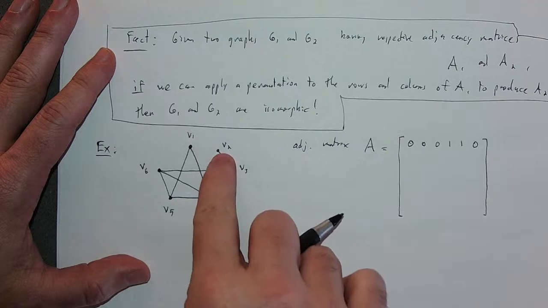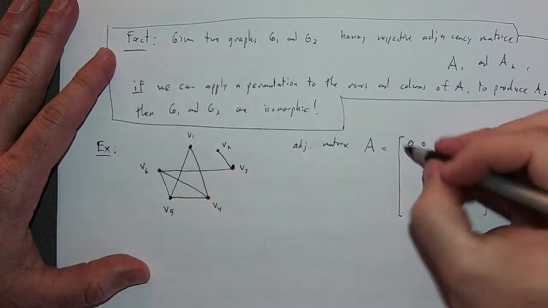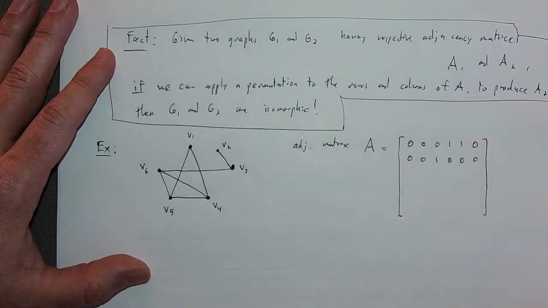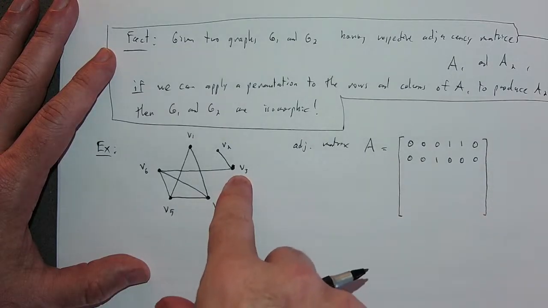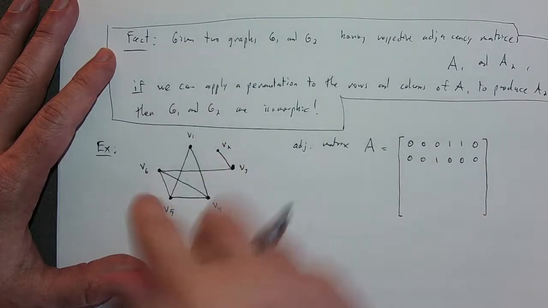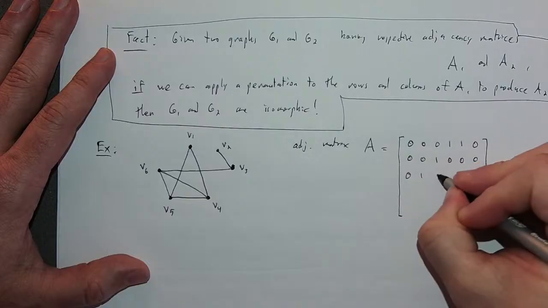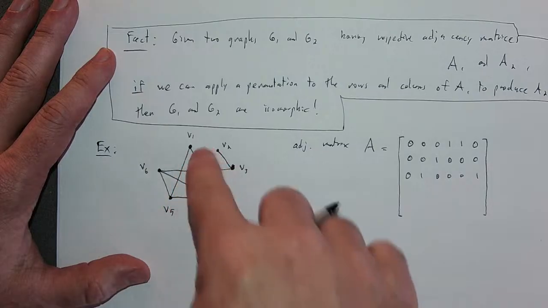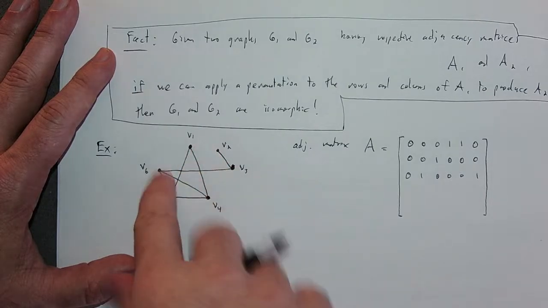Okay, vertex 2 is only adjacent to vertex 3. Vertex 3 is adjacent to both vertex 2 and vertex 6. Vertex 4 is adjacent to 3 vertices, 1, 5, and 6.